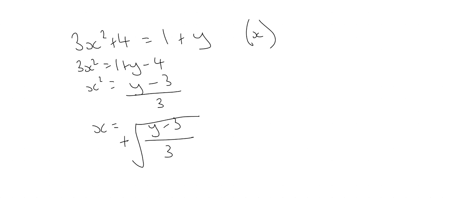Remember, when you take a square root, you need to take both the positive and the negative. What is 5 squared? 25. What is negative 5 squared? 25. So if I am taking the square root of 25, I can't tell whether the original thing was positive or negative, right? So that's what I'm doing here. I'm saying it could be either.